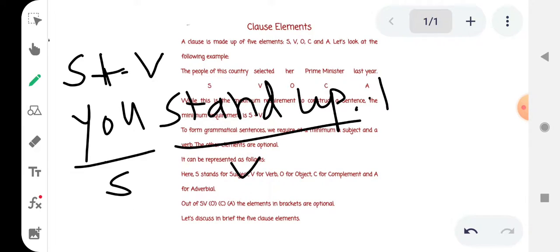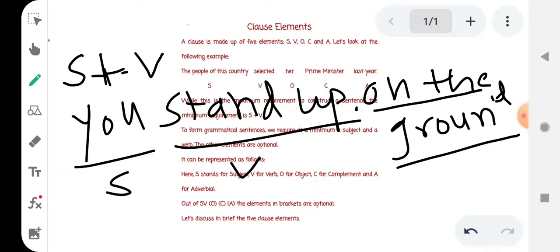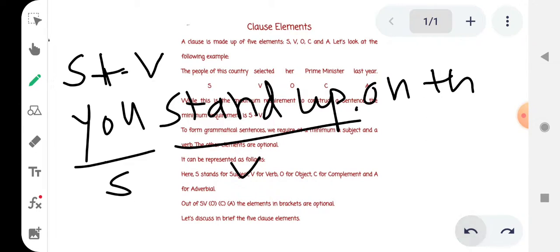There can be an addition of something in these sentences. For example, I will say, you stand up on the ground. Now this "on the ground" is the addition, but we can also form the sentence without "on the ground". You stand up.